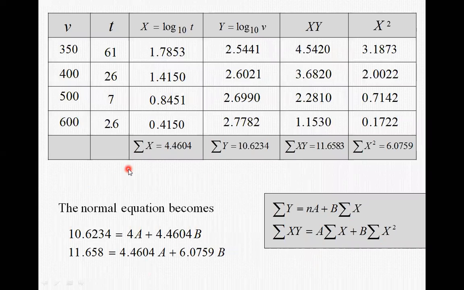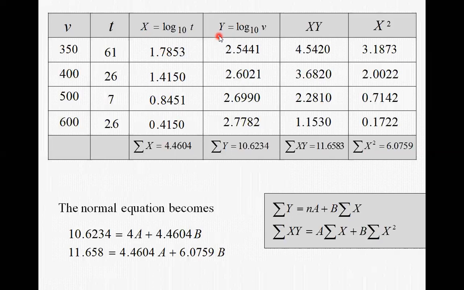Now we construct a table. Given V equals 350, 400, 500, 600, and corresponding values of T are 61, 26, 7, 2.6. Calculate capital X equals log T to the base 10: 1.7853, 1.4150, 0.8451, 0.4150.